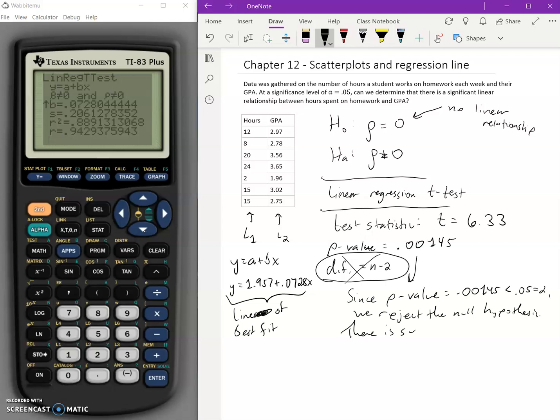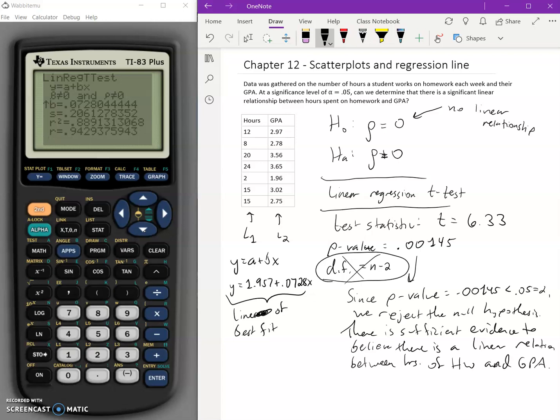There is sufficient evidence to believe there is a linear relationship between hours of homework and GPA.